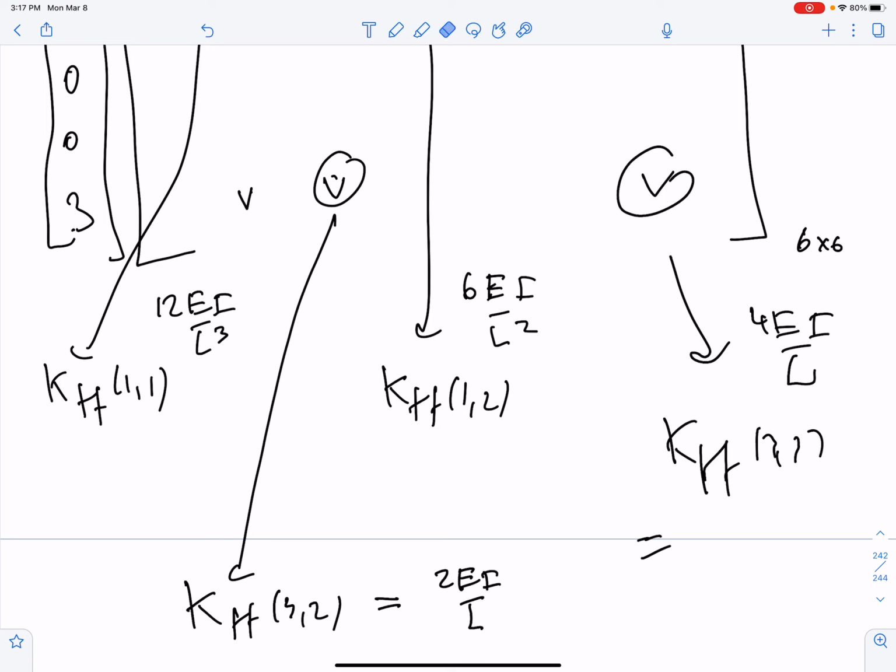So to be sure, K32 is not 2 EI over L. What's 2 EI over L is the contribution to K32. Plus, plus, plus, and plus. So whatever is already in KFF, you just add the contribution there.